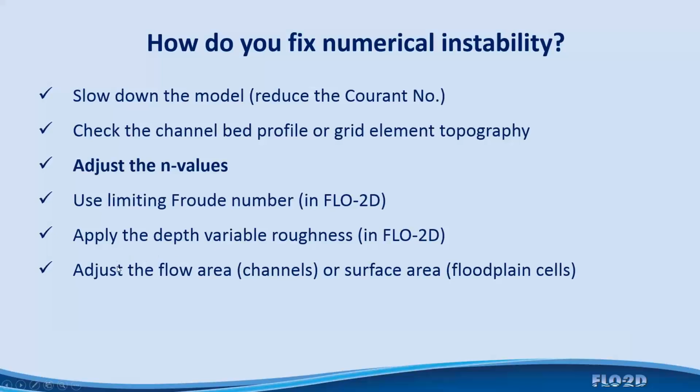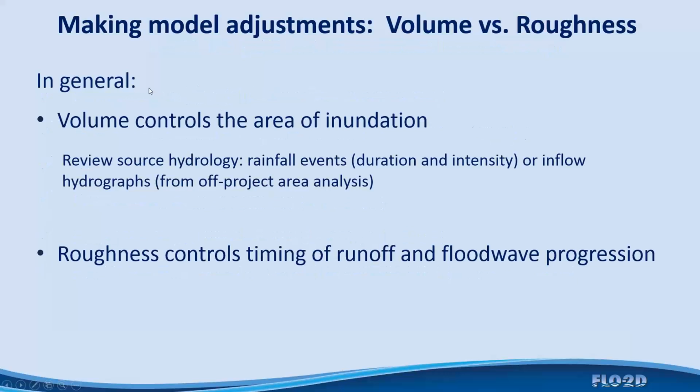Or if push comes to shove and you're still having difficulty, look at your channel flow areas, or on the surface, the floodplain cells, and see if you have deep flow depths on the floodplain surface, or whether or not the channel itself has an abrupt change in cross-section without a comparable change in roughness, and that could be an issue. So again, I'm not going to go through these today. I'm just trying to get you to be able to resolve whether or not your model is running appropriately.